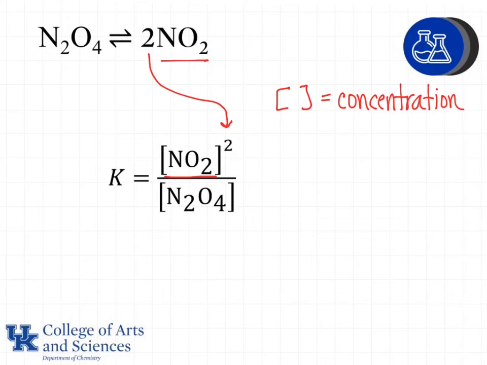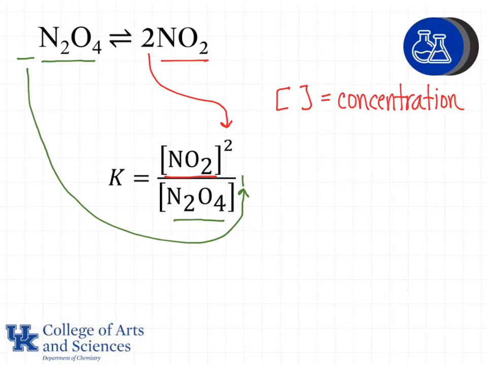So we have NO2 squared. N2O4 goes in the denominator because it's the reactant, and we always have products over reactants. And notice that there's no number in front of N2O4, which means it's a 1. So we have a power of 1, which we don't show. So we just have the concentration of N2O4 on the bottom.